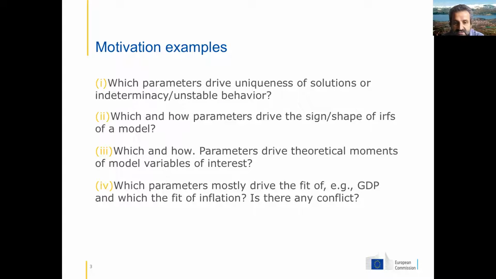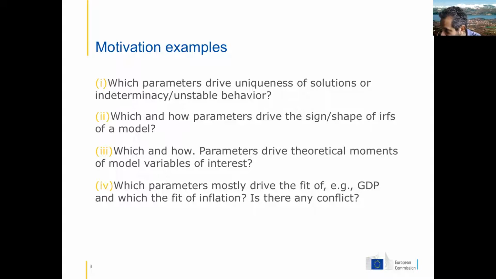Another question is which kind of observables affect the estimation of which parameter in particular, or vice versa, which parameters of the model mostly drive the fit of GDP versus, for example, inflation.